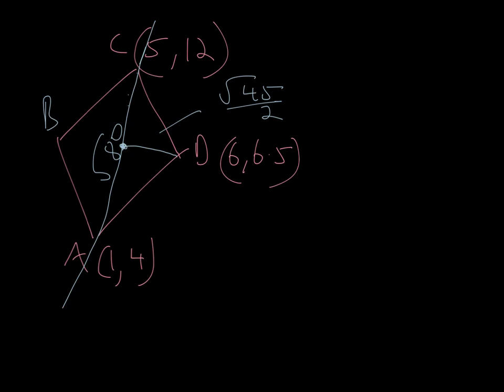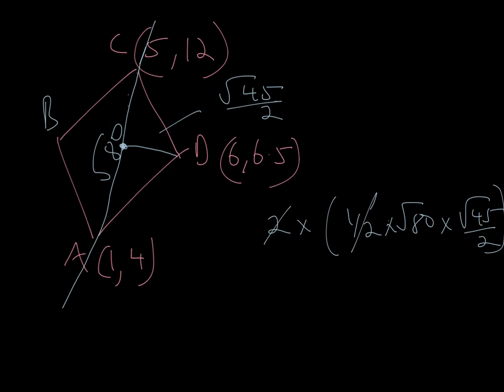So the area is going to be 2 multiplied by the area of the triangle, which is half AC, which is root 80, times MD, which is root 45 over 2. That is going to cancel out with that, so all we're going to end up with is root 80 multiplied by root 45 over 2, which is going to give us 30.